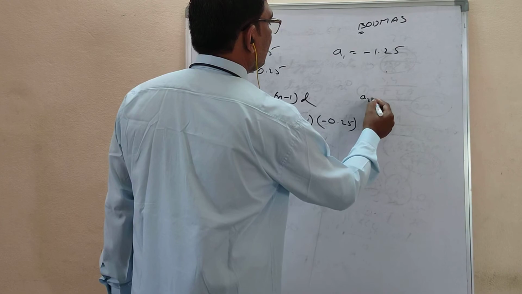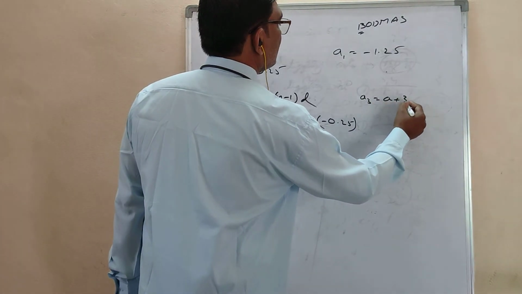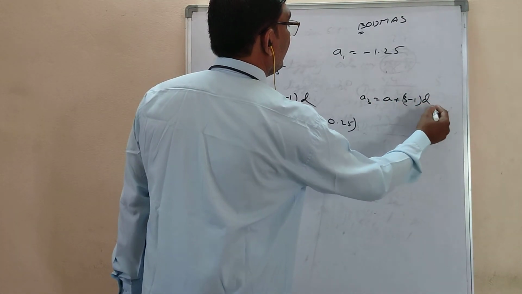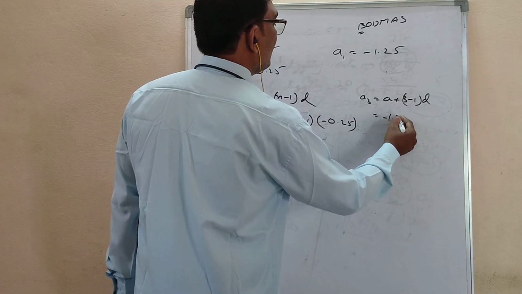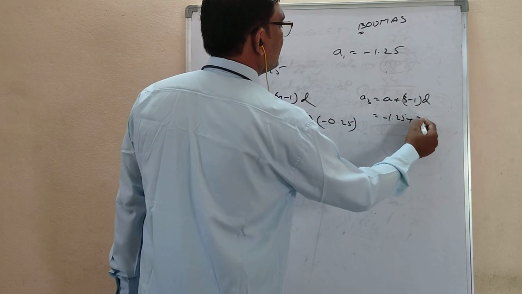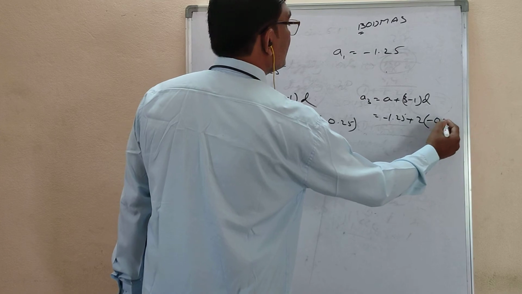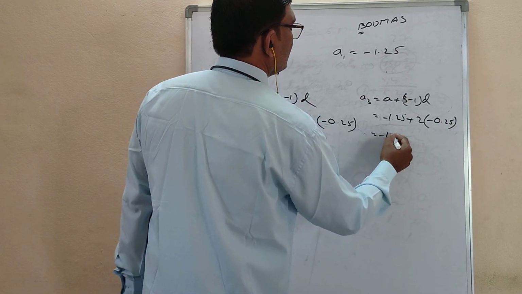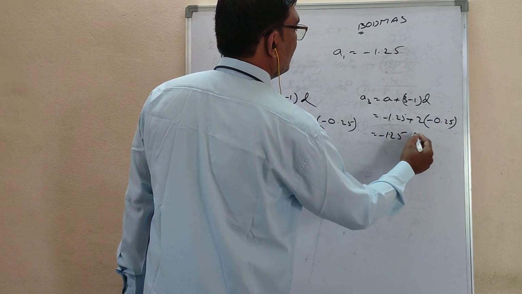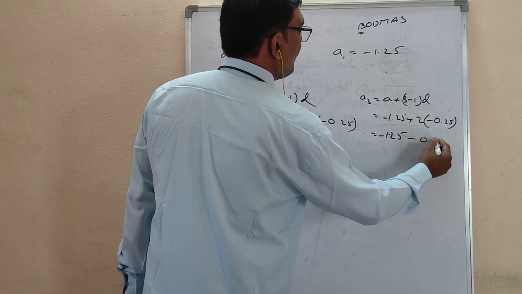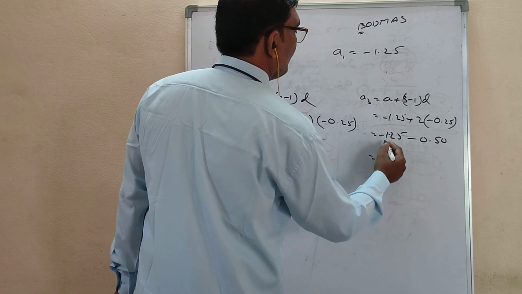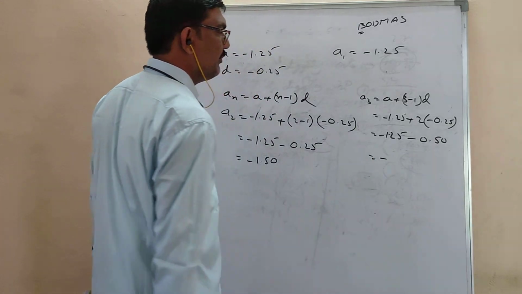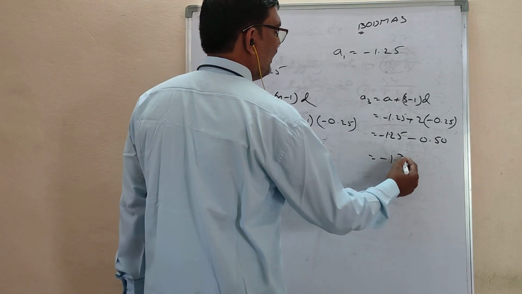Next, if you go for A3, A plus 3 minus 1 into D. A is minus 1.25. 3 minus 1 is 2, into minus 0.25. It is minus 1.25 minus 0.50. Both are minus, so I have to keep minus here: minus 1.75.